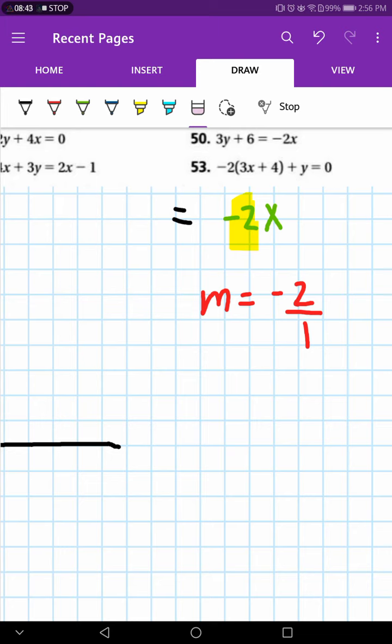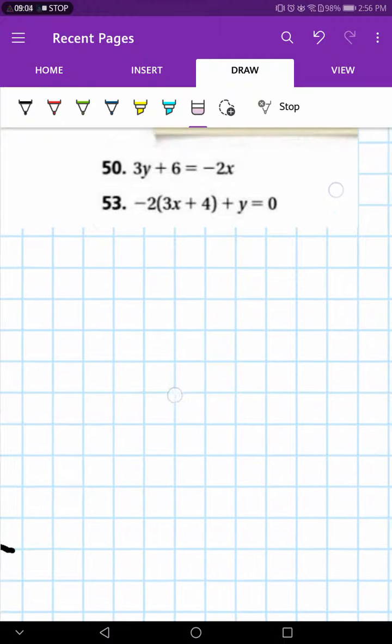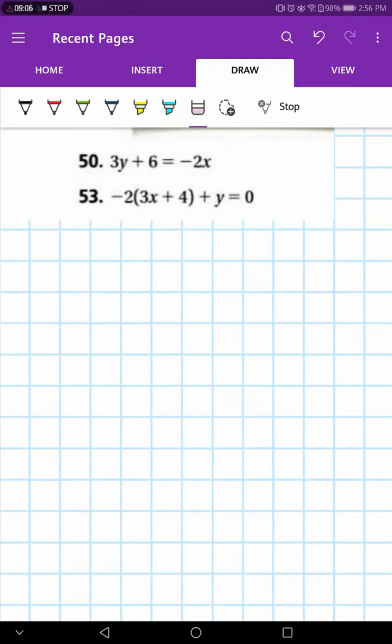The b is where the line passes through and hits the y-axis. Then you use the slope to know where the second point is, by using rise over run. So here in 50, now Ayman join me.